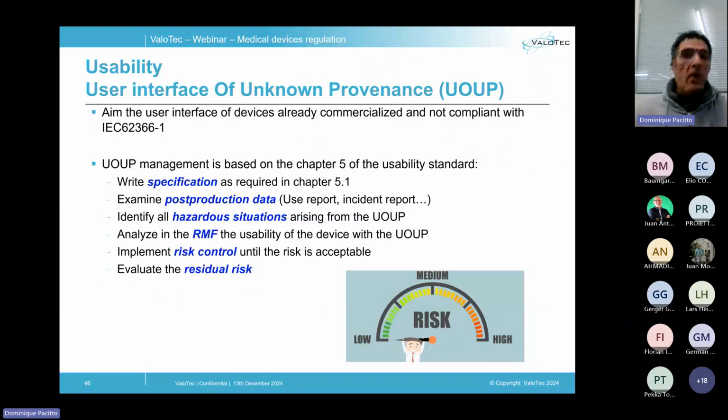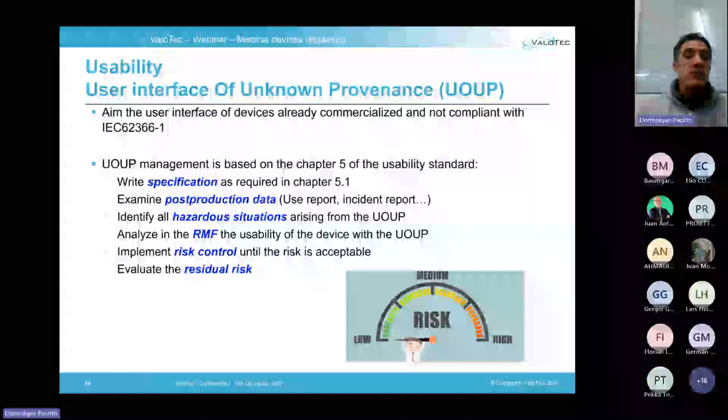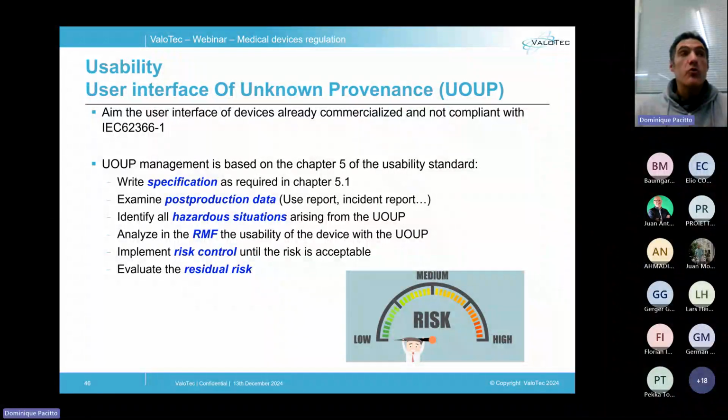When you have a user interface of unknown provenance, you have to follow these activities. The first one is to write the specification as required in 5.1. The second one is to examine the post-production data of your loop. Then you have to identify the hazardous situations arising from your user interface of unknown provenance.